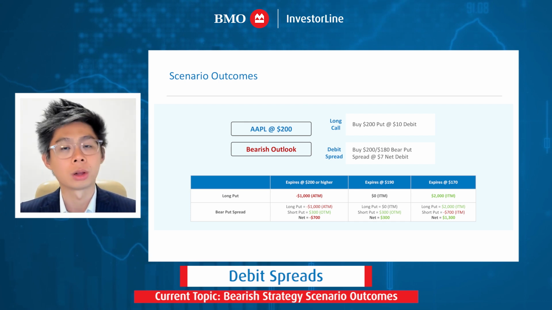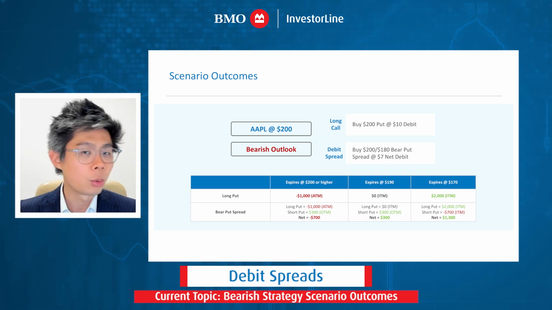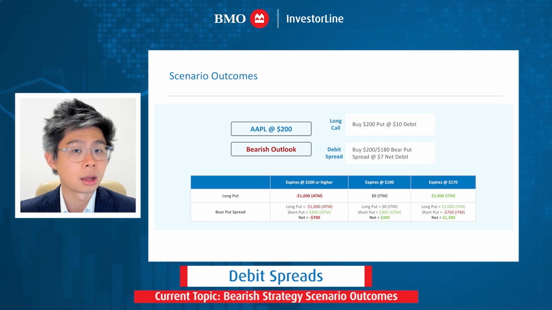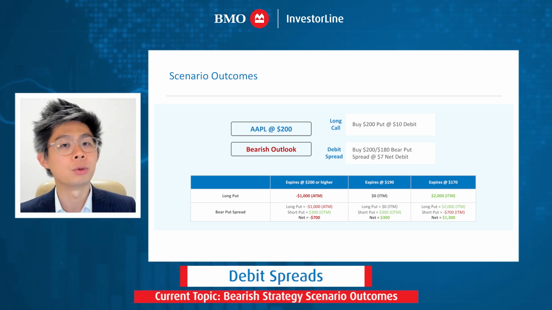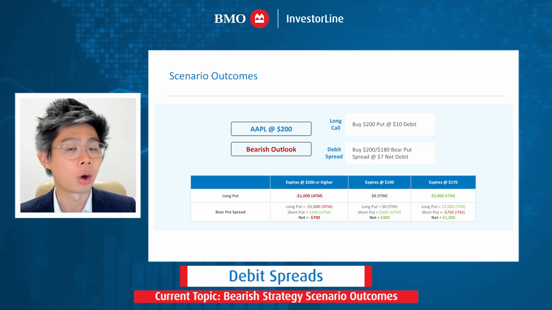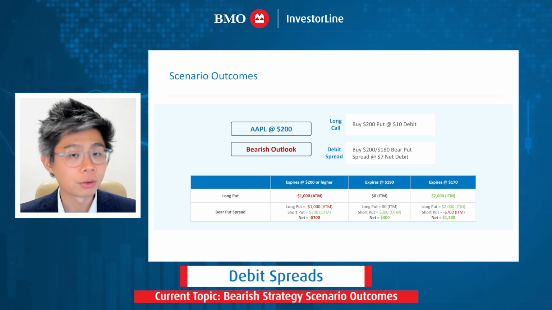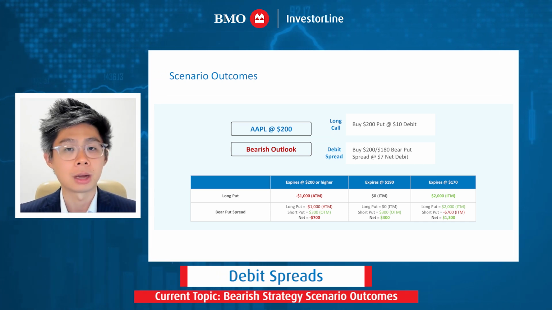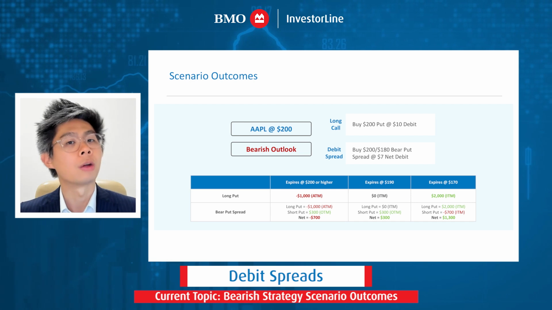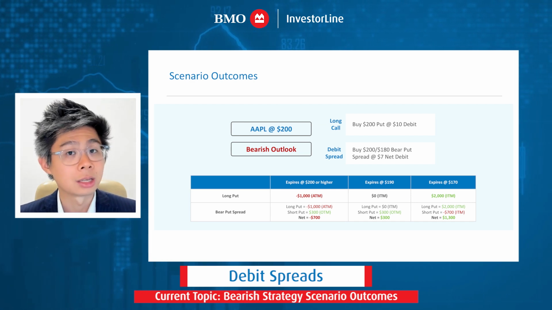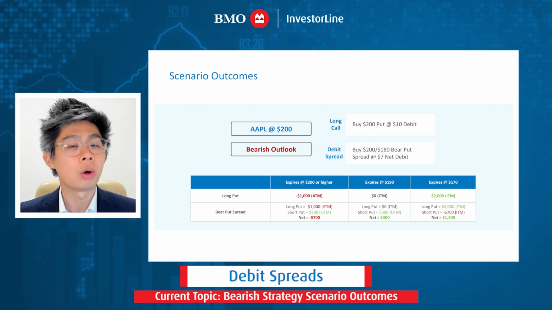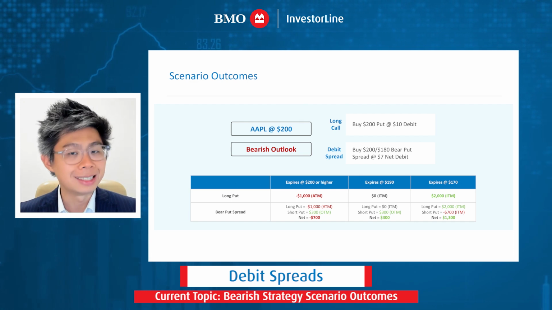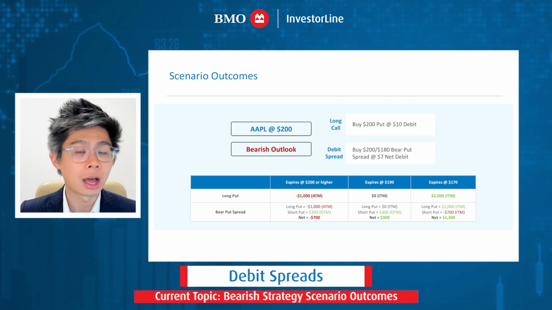And this is actually where a lot of people shy away from using debit spreads, because they're thinking, what if the stock does make a big move and I don't get to participate in all of that move? And that's a perfectly valid reason. But as you can see, a $1,300 profit on a trade where I only risked $700 is still nearly a 200% return, a near identical return profile to that long put.